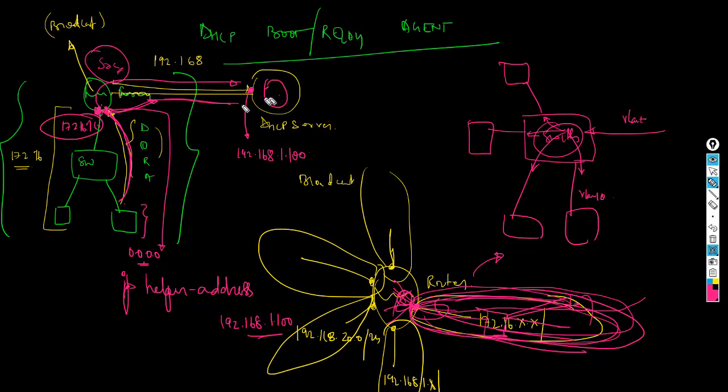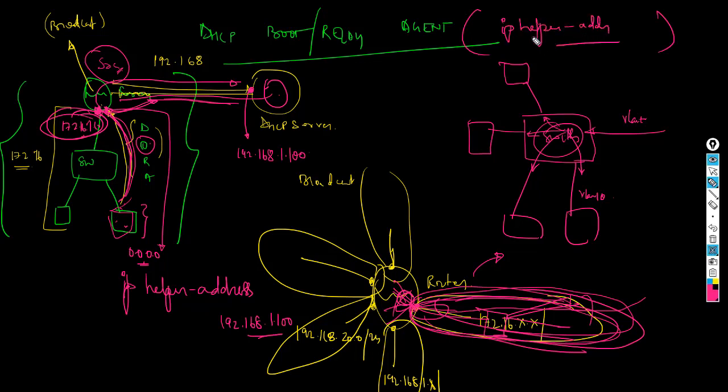On the server side, as soon as it sees that something is coming from this source, it's going to reply back with the offer, the request packet is sent back, and it's all the normal scenario. So this is the scenario when you make use of the IP helper address.